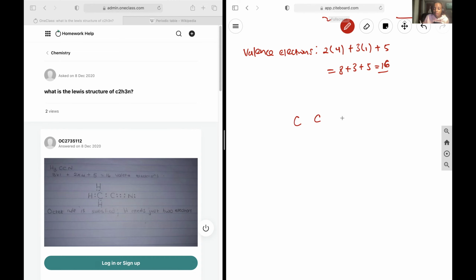So let's just start with this general skeletal structure. And we can put single bonds between them with the hydrogens around. And so we just start with that, okay? And so if, for whatever reason, we decided to fill in the octets like that, we'd see that it's over 16. So 2, 4, 6, 8, 10, 12, 14, 16, 18, 20. So let's start by getting rid of 4 of them.